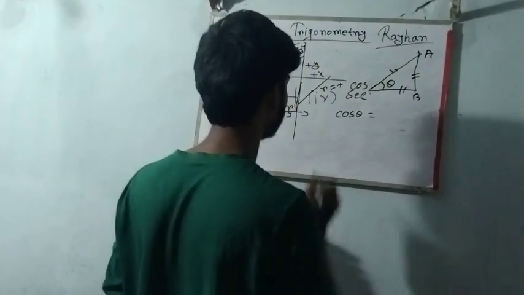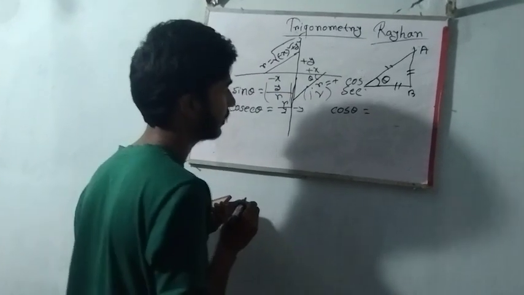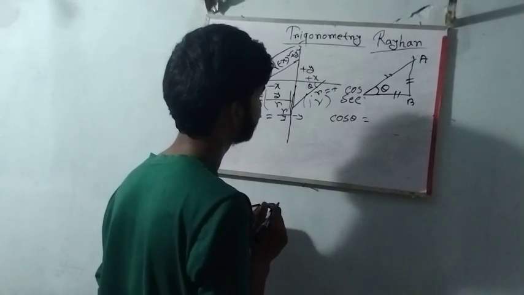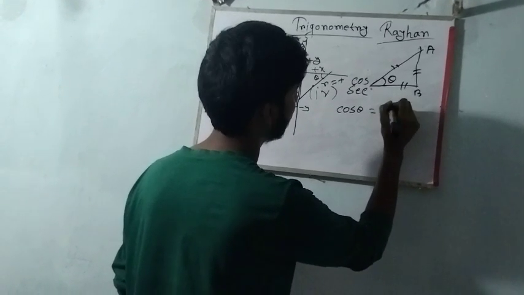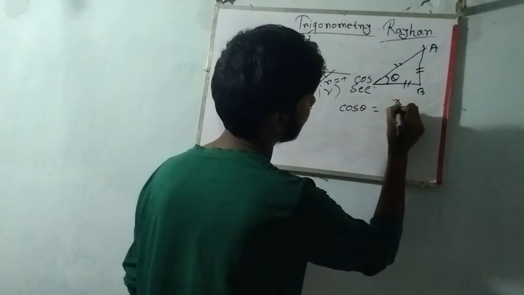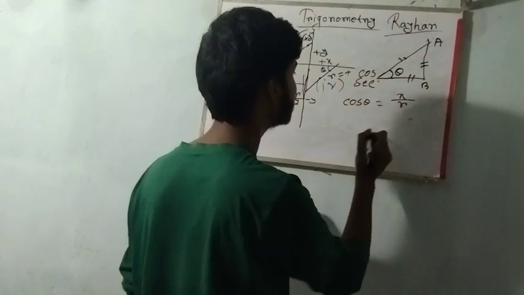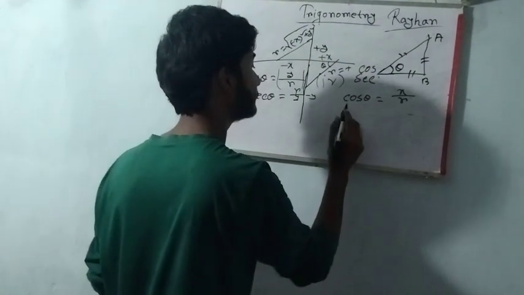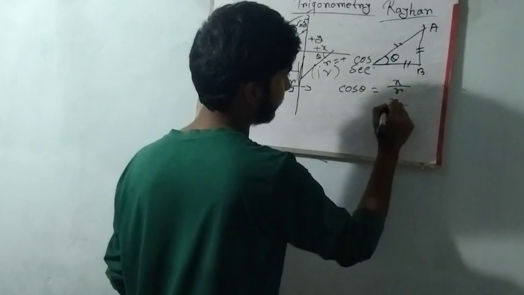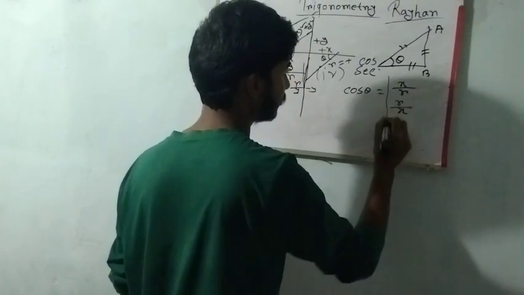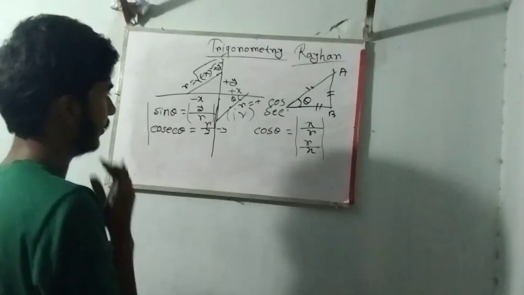So for cos theta, this is base, this is hypotenuse, and this is perpendicular. Cos theta is equal to x by r, so it will always be positive, and sec is inversely proportional to cos theta, so it will be r by x, and these two are positive. So in quadrant number 4, cos and sec are always positive.